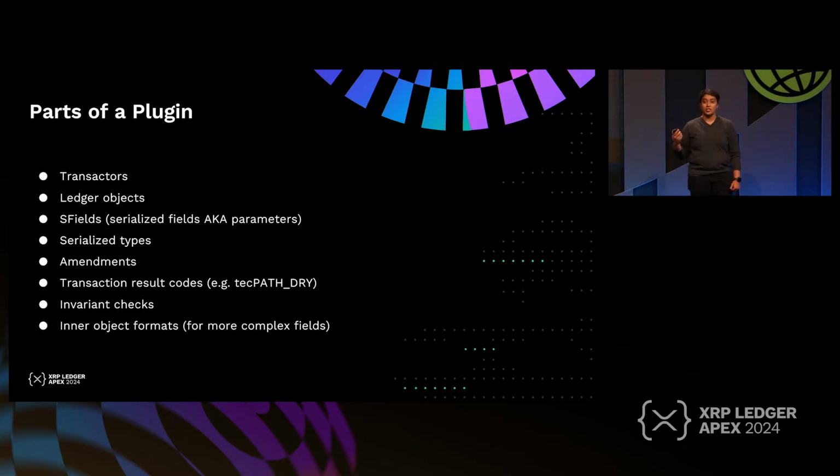For example, creating new XRP out of thin air if there's a bug in your code. You can add an invariant check just to be sure. And then there's inner object formats, which are for more complex fields. When you have an object within an object in JavaScript terms or something like that. Now, if you didn't really follow most of that, that's fine, because we're only going to be talking about transactors and ledger objects today. So, yeah, hopefully you understood that part.